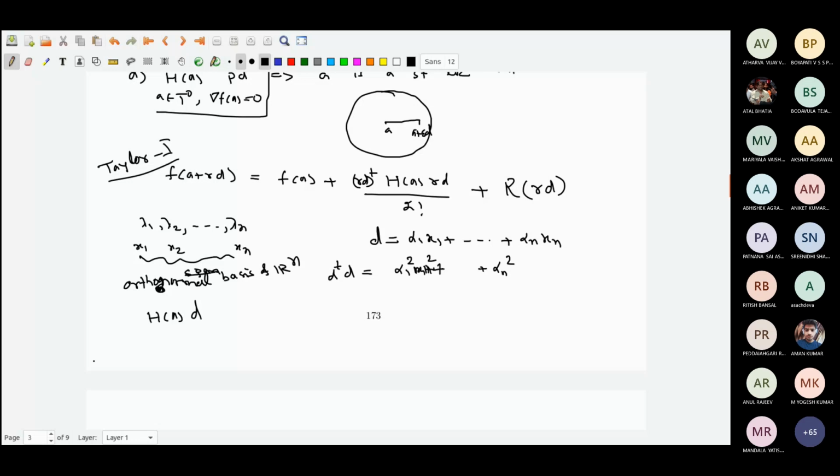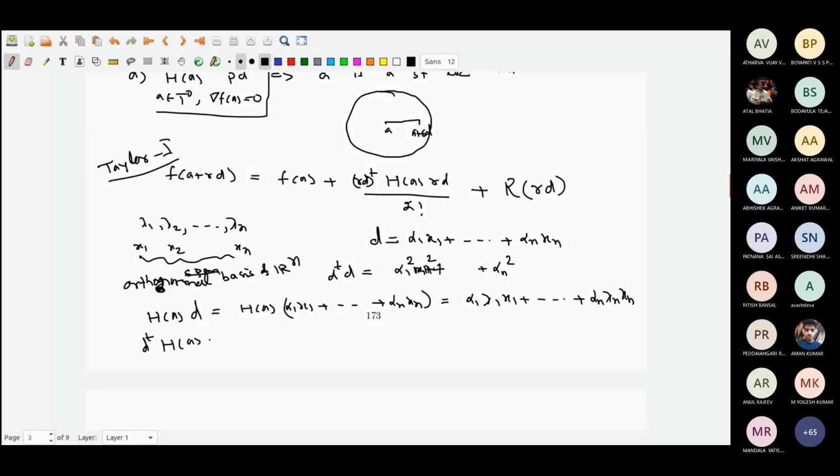Now HA multiplied by D is nothing but HA multiplied by alpha 1 x1 plus dot dot dot plus alpha n xn. But I know that x1 through xn are eigenvectors, so that will be equal to alpha 1 lambda 1 x1 plus dot dot dot plus alpha n lambda n xn. Now what happens to D transpose HA D?